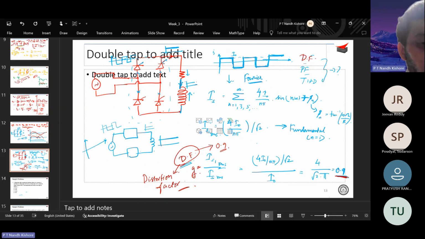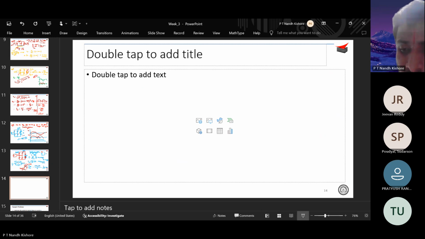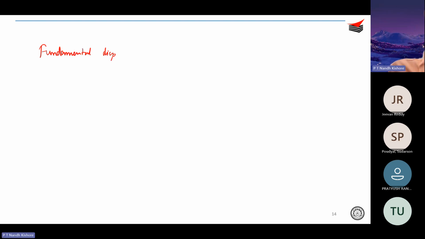If you have any doubts or you want me to go slow, please do tell. Your fundamental displacement factor by definition is actually cos alpha. So whatever is the alpha or the firing angle defines your fundamental displacement factor.